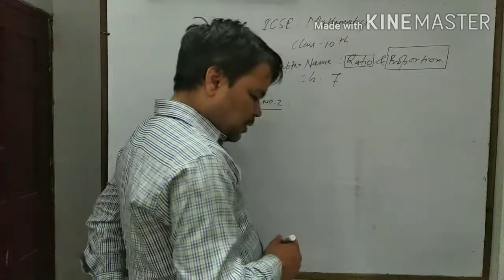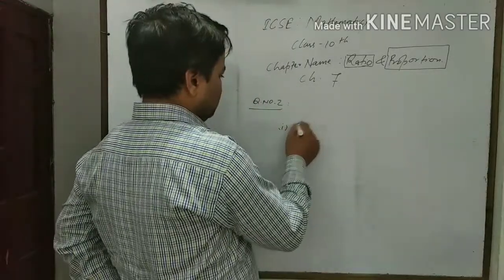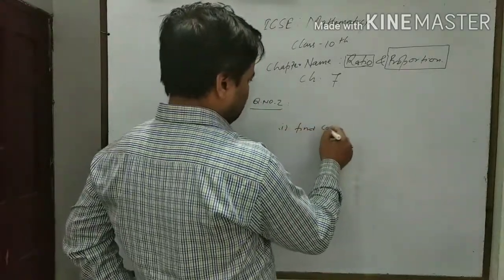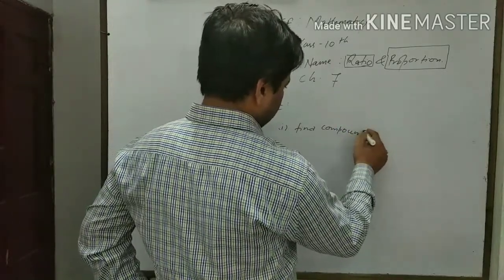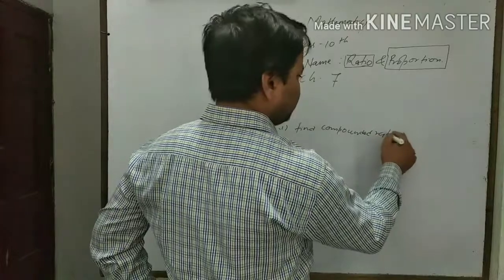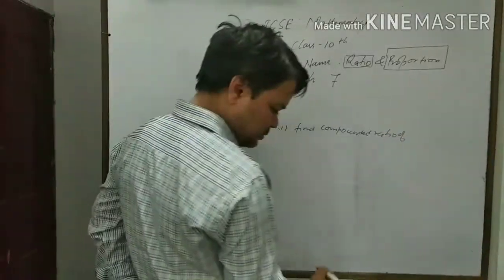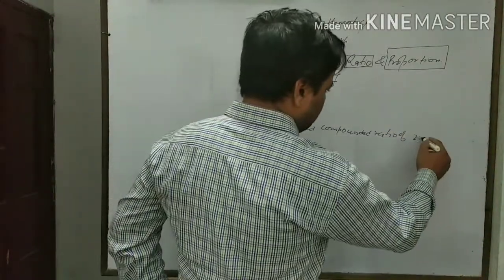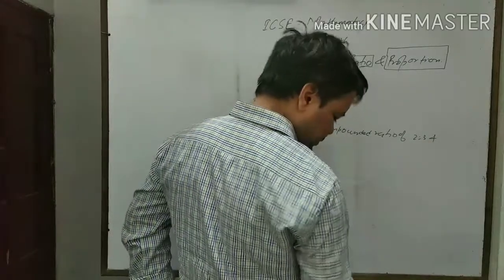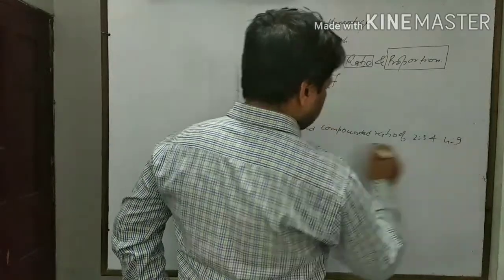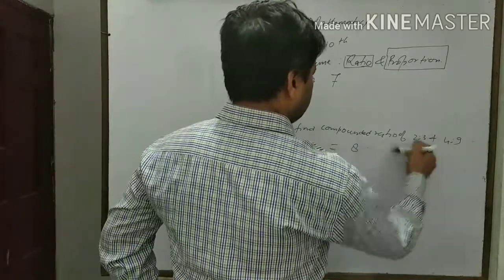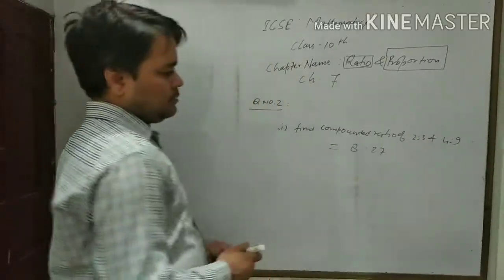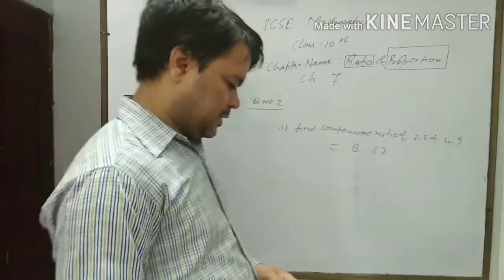Find the compounded ratio of 2 is to 3 and 4 is to 9, which is equal to 2 into 4, that is 8, and 3 into 9, that is 27. That is the compounded ratio.